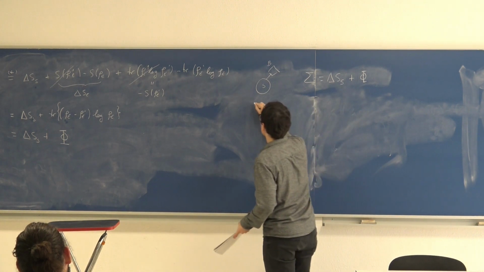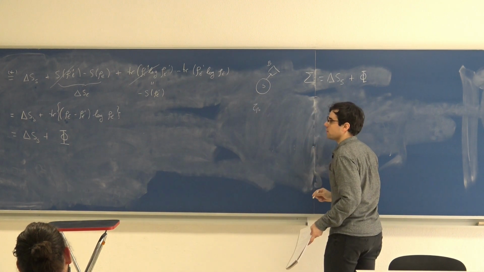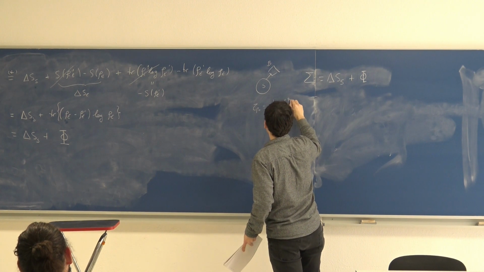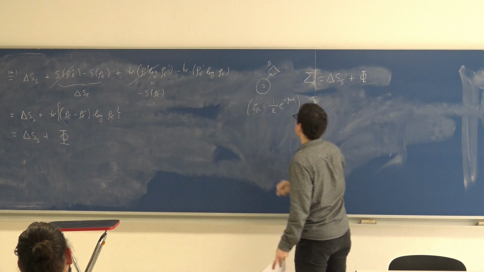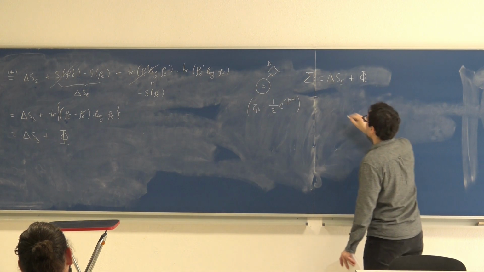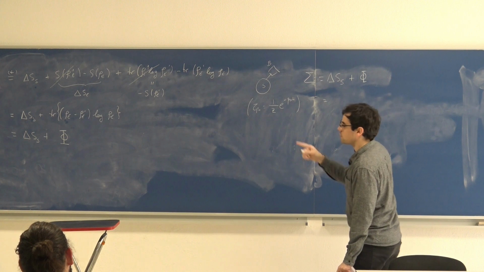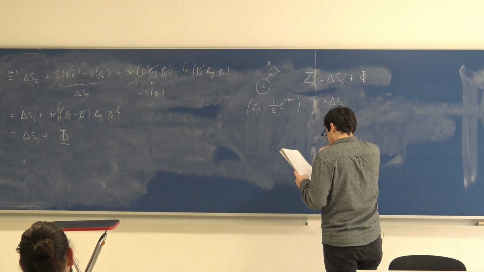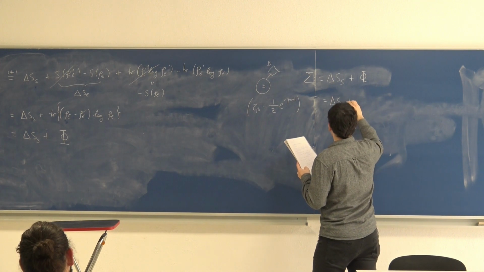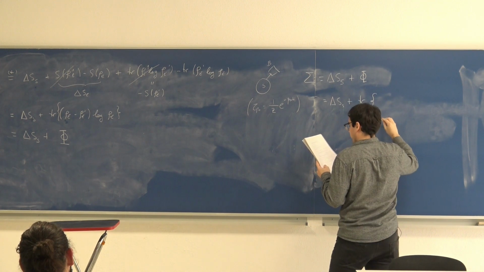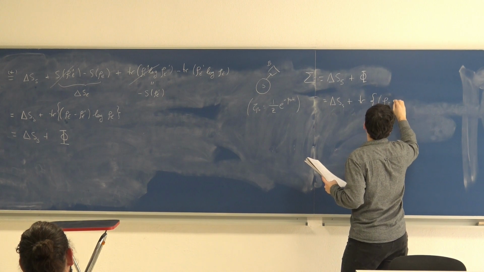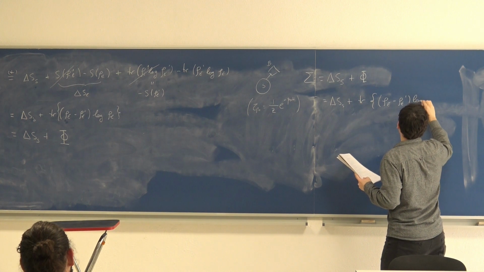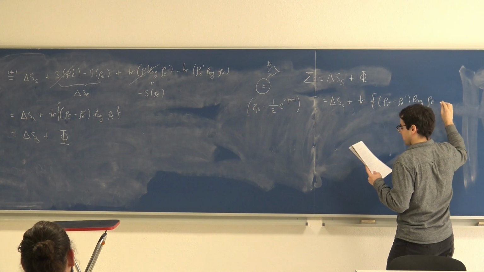The bath, if it's thermal, which is what we are assuming, is given by a given state. So, from here we can compute the second term. Rho s plus the trace of the initial state of your bath and the final state of your bath, and the logarithm of rho e.